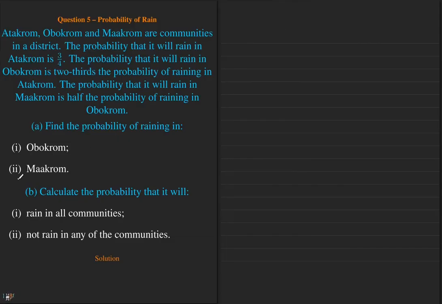The second one asks for the probability that it rains in Maakrom. We were told that the probability that it will rain in Maakrom is half the probability of it raining in Obokrom. Written as an expression, it is 1 over 2 times the probability of it raining in Obokrom.